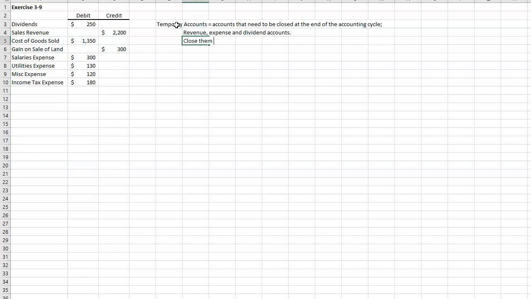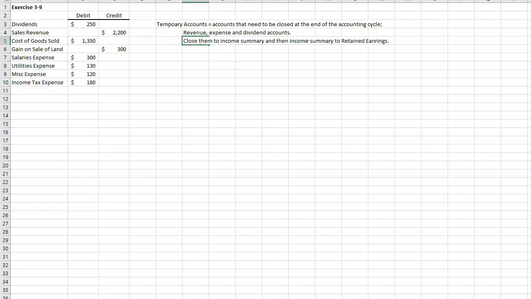You close them to income summary, and then income summary to retained earnings.